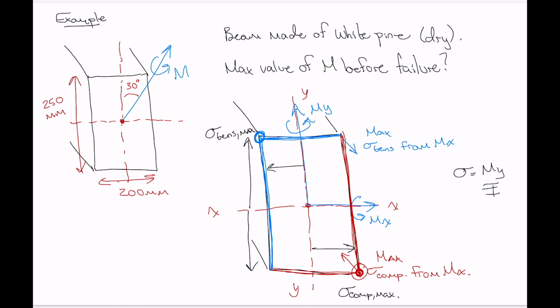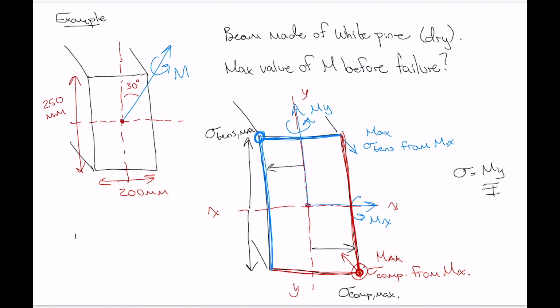So because the actual stress levels in those corners that are maximum tension and maximum compression are equal, compressive failure will occur prior to tensile failure, because the strength of the wood in compression is smaller, right?